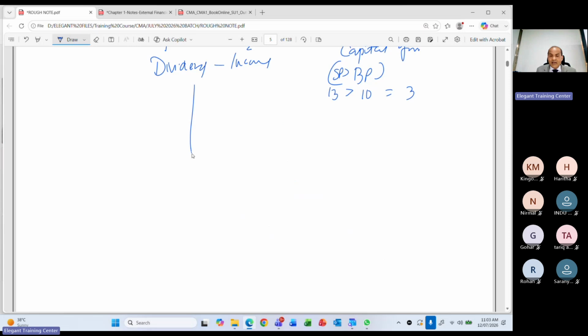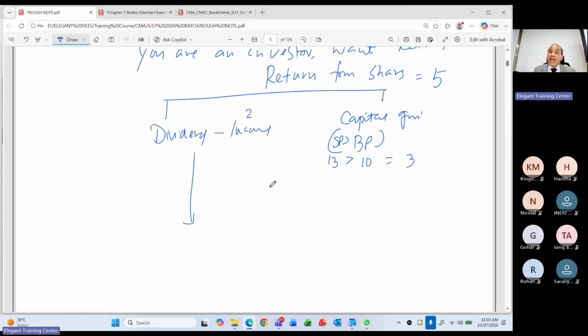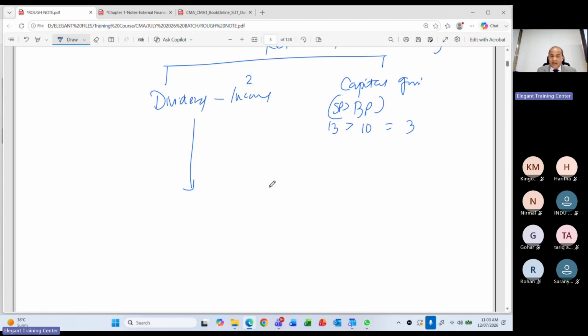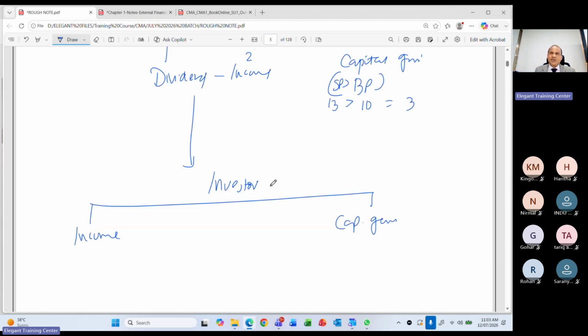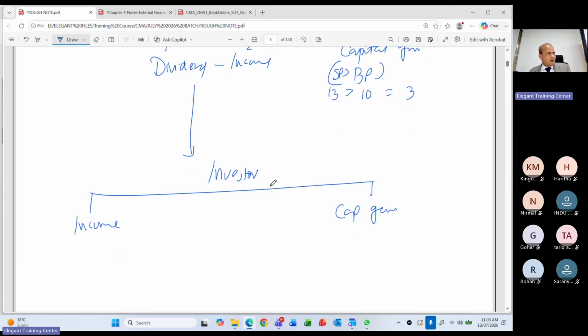Now investors can again be of 2 types. Let me write here. An investor looks at income and capital gain. Suppose you are an investor who wants to buy some stocks.